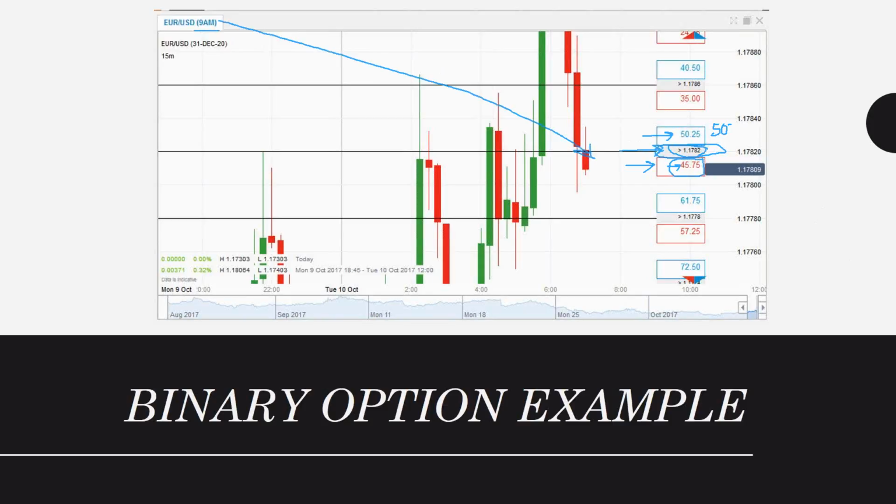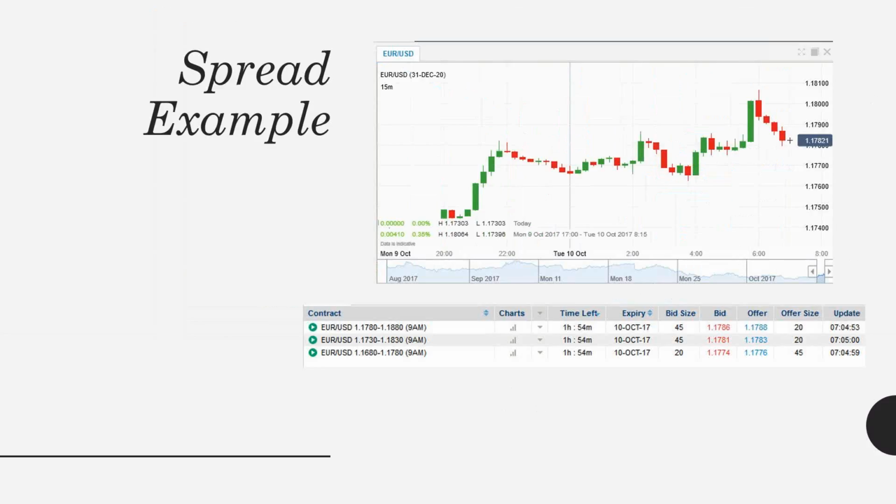Now, on the spreads, it's not all or nothing, okay? It can be variable. So on this one, these are the spreads that were available at 9 a.m. expiration on the euro dollar. This is the floor price, and this is the ceiling price, okay?